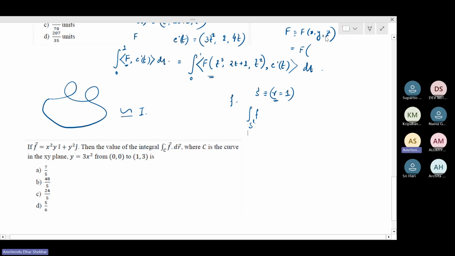Yeah, sorry. So okay, your curve over here is x equals cos theta, y equals sine theta.